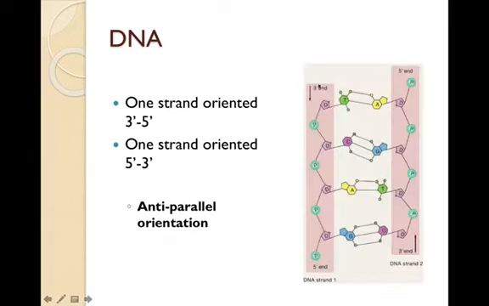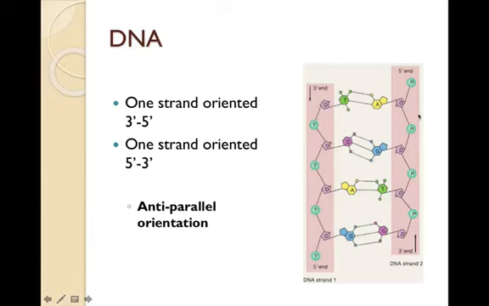The way that DNA is structured, there's that 5' end with the free phosphate, all the way to the 3' end with that free sugar. One strand of DNA is oriented in the 5' to 3' direction, and the strand that it hydrogen bonds with is in the 3' to 5' direction.